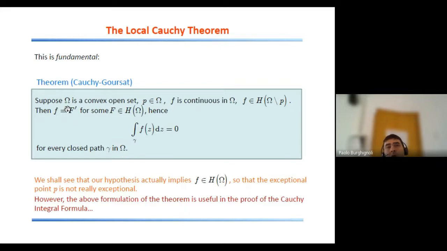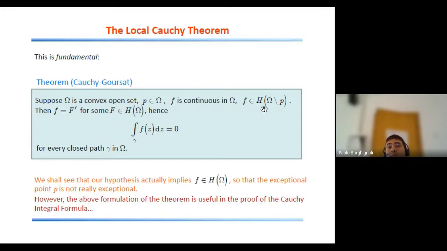So in this formulation, you have a minimum number of assumptions. You have a convex open set omega, a point P inside this open set, a continuous function f in omega, so we do not assume that the function is analytic. We just need its continuity in the entire omega, okay?